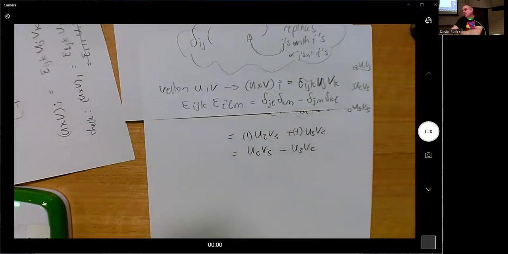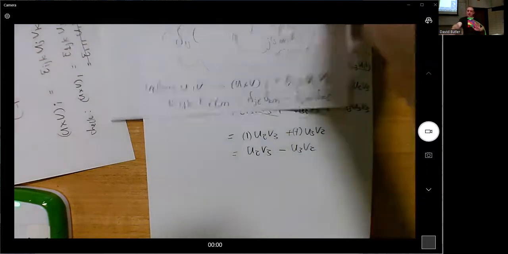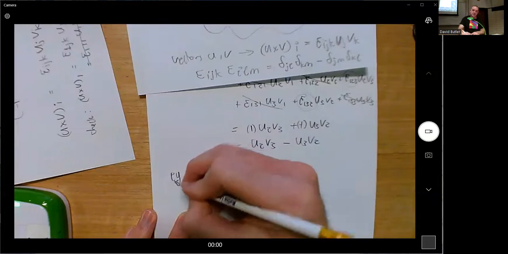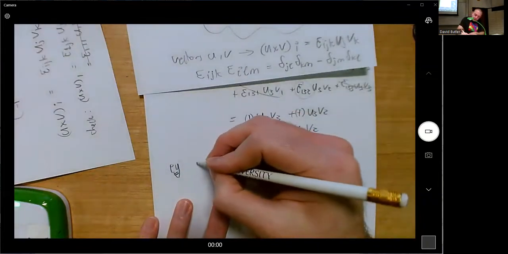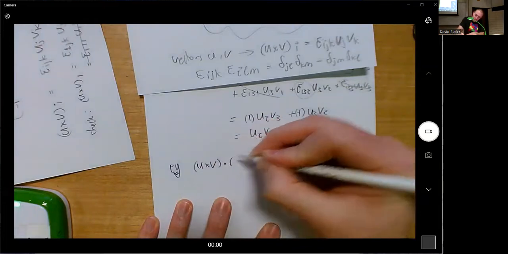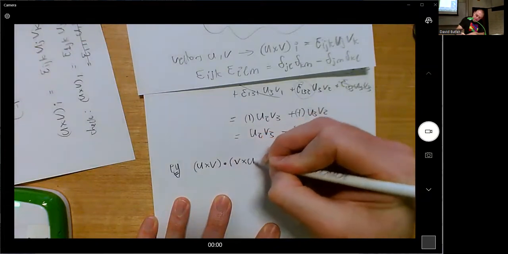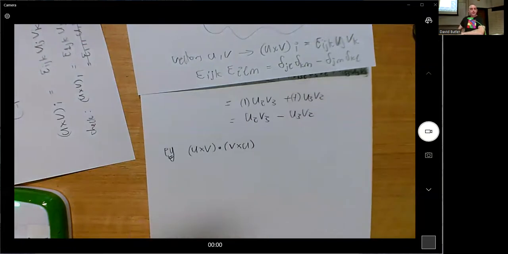I can imagine doing the dot product of 2 cross products, and this would appear. I'm just going to make something up, just a second. So just a made up example: U cross V dot V cross U. I know exactly what the dot product of U cross V and V cross U is going to be.